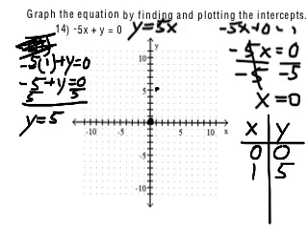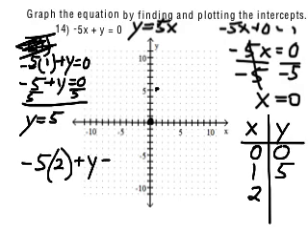Alright, now let's just get one more point. Let's get where x is 2. So, I think I'll just write across our grid because it doesn't matter. Negative 5 times 2 plus y equals 0. So, negative 10 plus y equals 0.